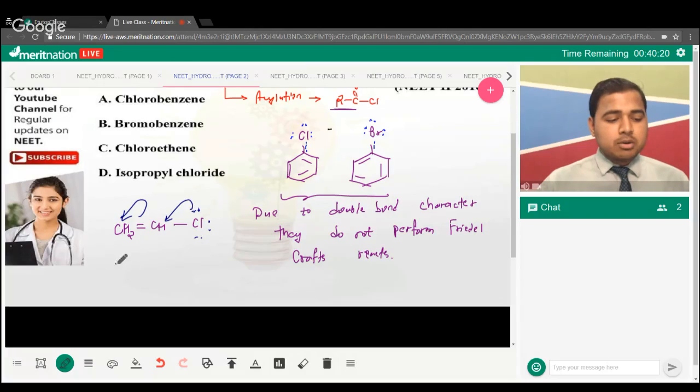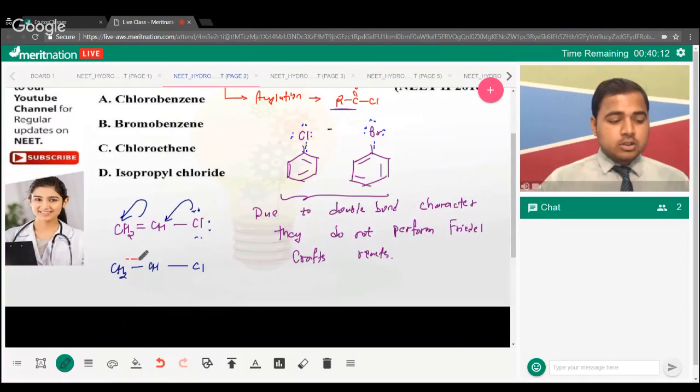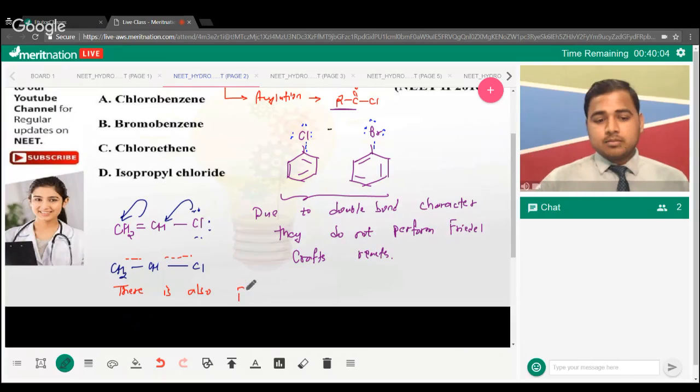So there is also partial double bond character here. CH2, CH, and this is the Cl. So we can easily conclude it.